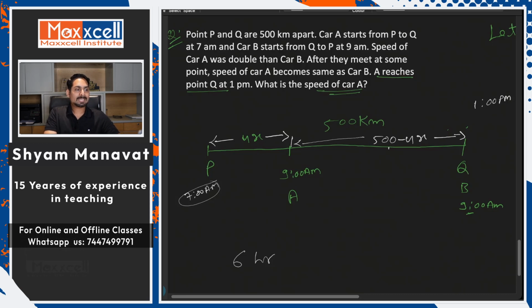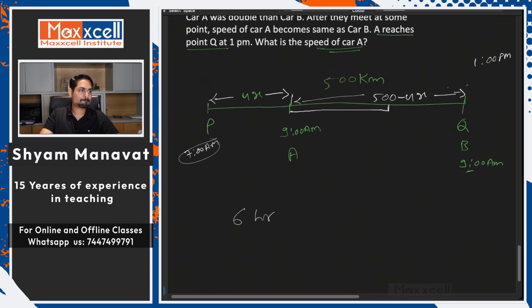Now how much time will A take to reach from here to meet B? I want to calculate time. I will use this 6 hours later. So how will I calculate time? Time is the relative distance between the cars, 500 minus 4x, divided by relative speed.